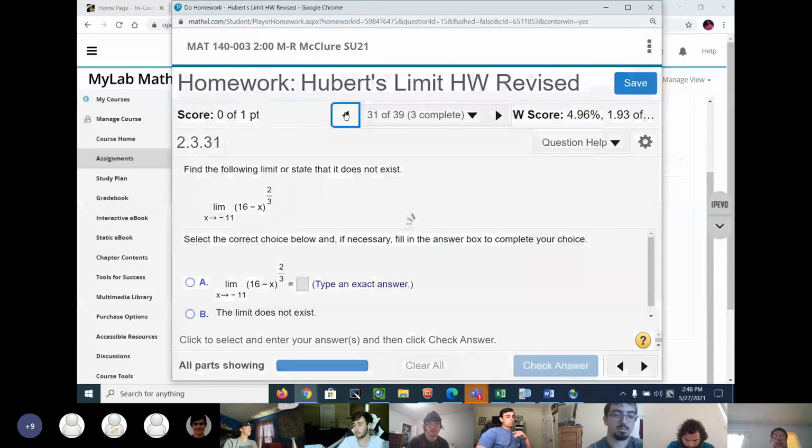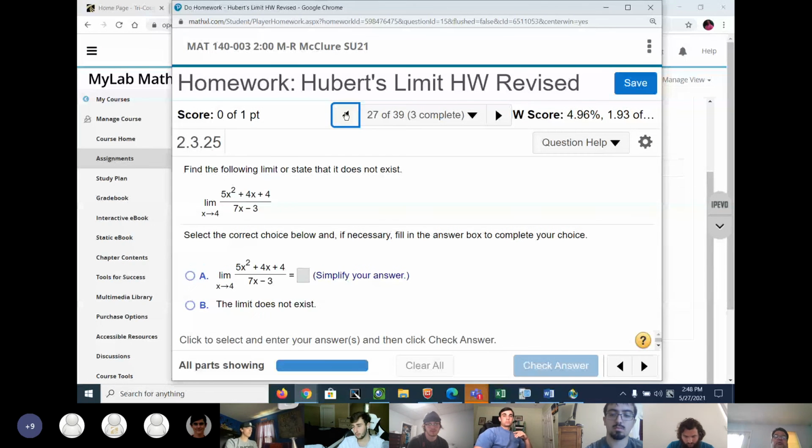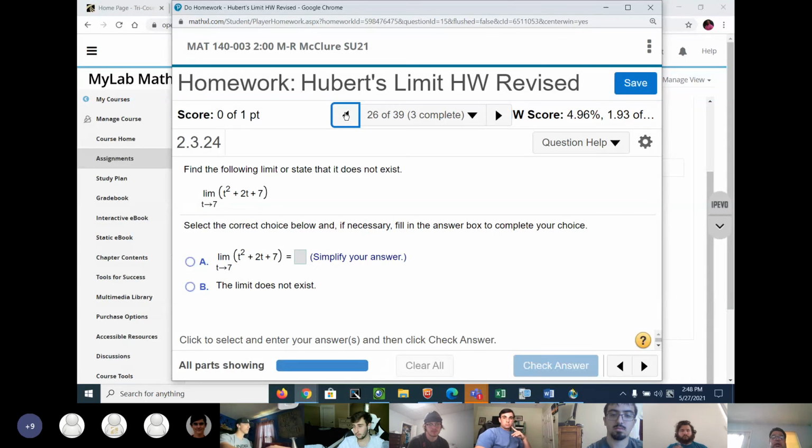There's one. Find the following limit or state that it does not exist. Well, in this case, it's going to exist because this is plug and chug, and there's no fraction and no radical. So if there's no fraction or radical, it does exist. So limit as t is approaching 7 of t squared plus 2t plus 7. And this is just a plug and chug.